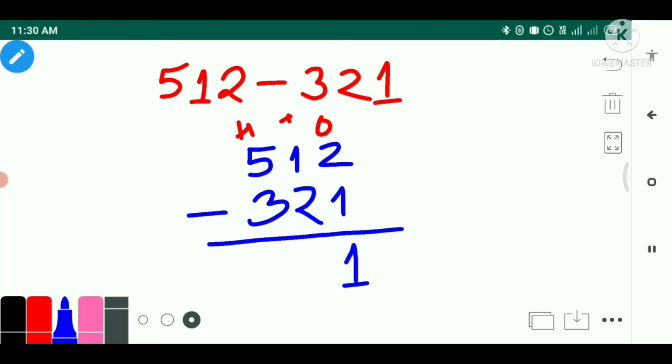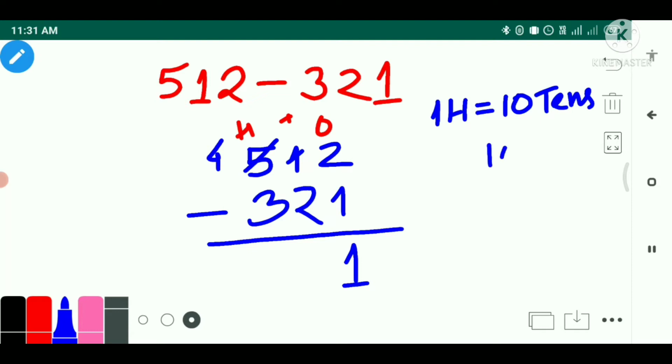Now we know that 100 equals 10 tens, right? So now this 5 will reduce to 4 and it will give 10 to the tens place.